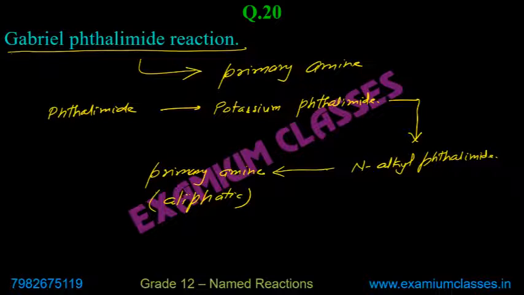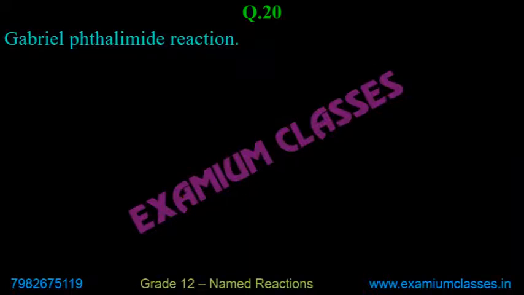And I'll explain why it does not happen. Why we don't get aromatic amines, even aromatic primary amines, we don't get. And first understand phthalimide to potassium phthalimide to N-alkyl phthalimide to primary amine.